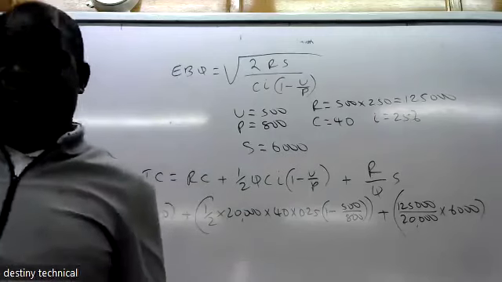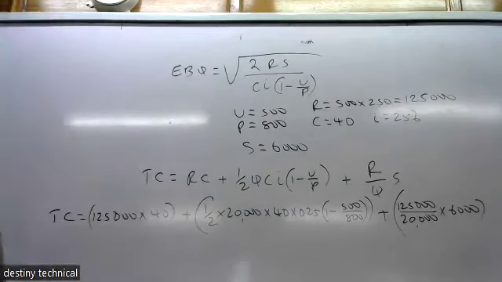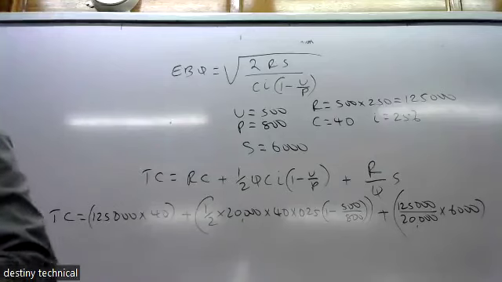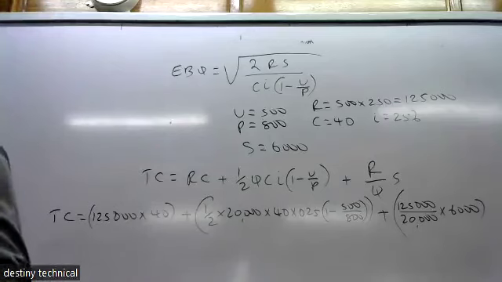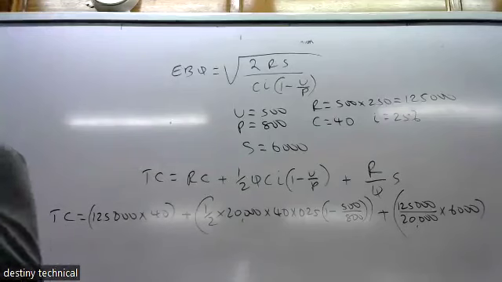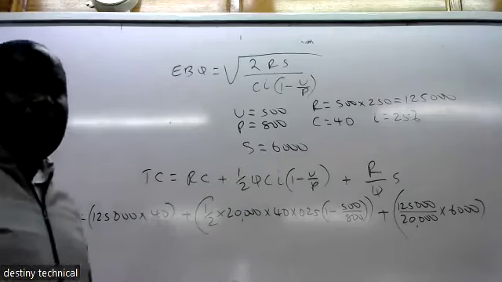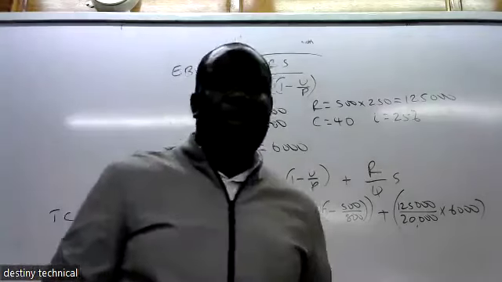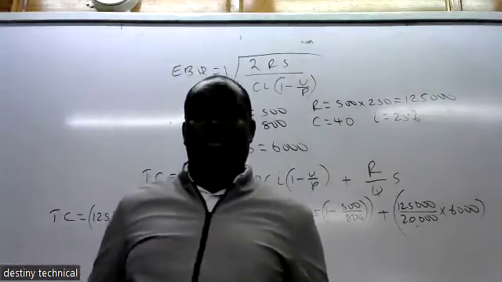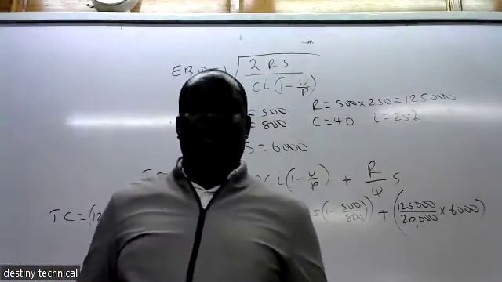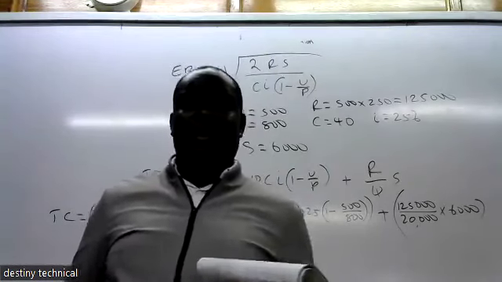So when they ask you to give the assumptions or limitations, just apply the ones I gave you for the economic order quantity.